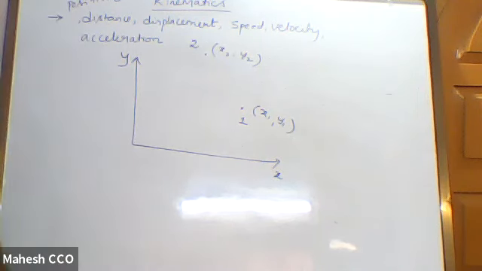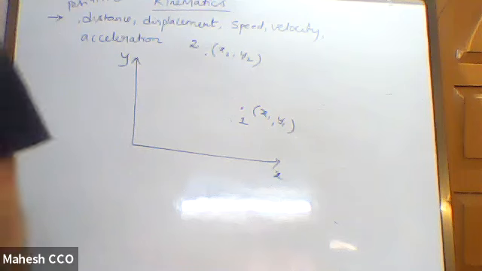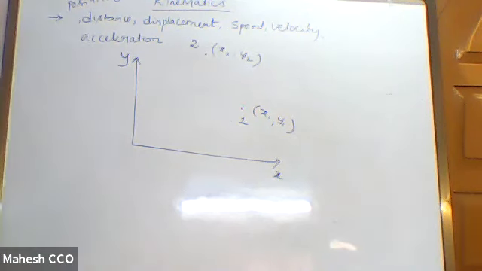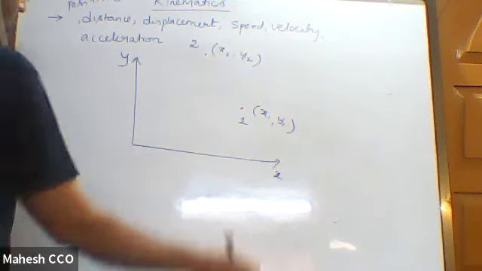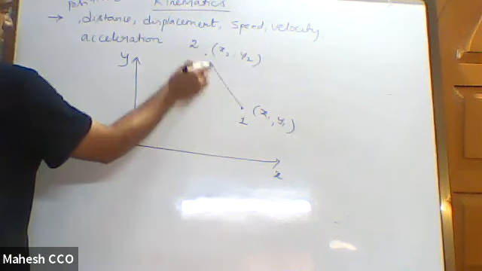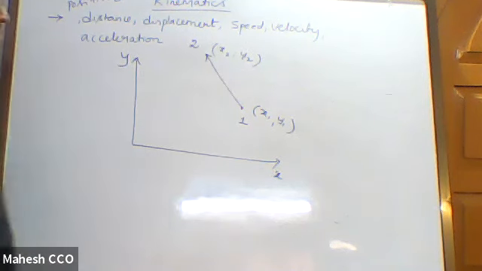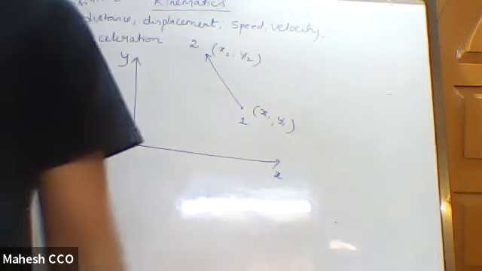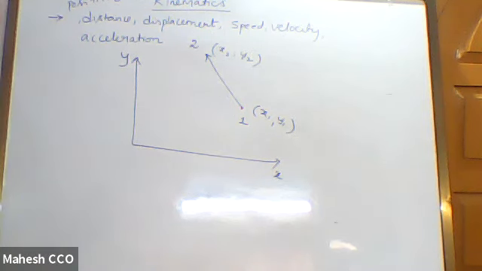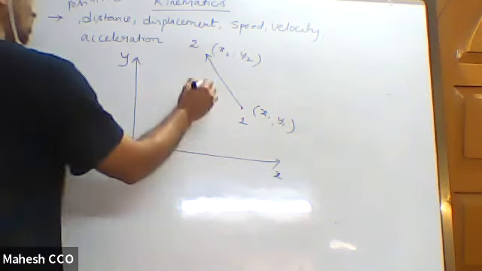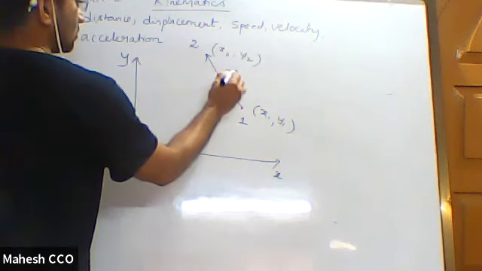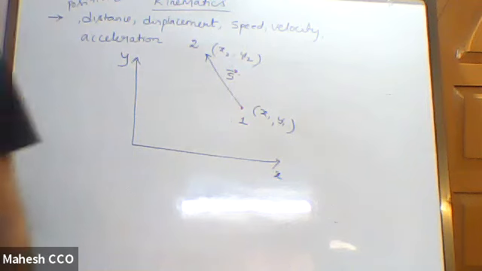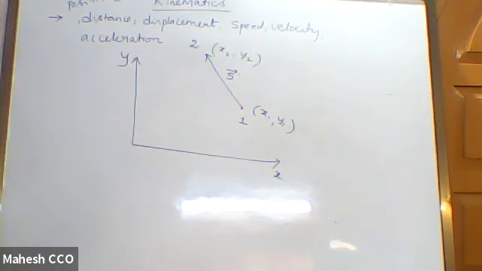For displacement, we only look at the initial and final positions, and a straight arrow which joins the initial and final positions, that is called displacement. So displacement is a vector which joins the initial position and final position, and it is towards the final position, away from the initial position.